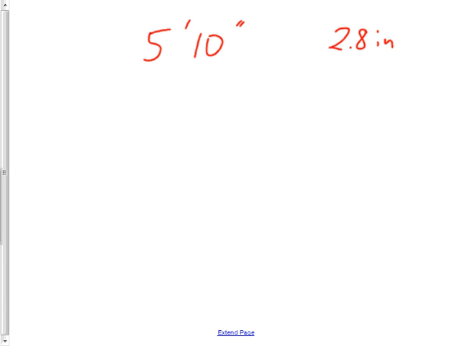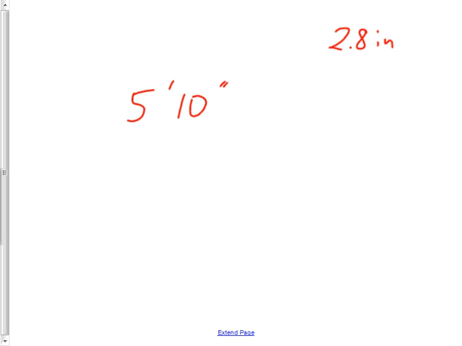Now, logically, if people are in proportion, KG, who's 6'11", is going to have a significantly longer pinky than a person who's 5'10".